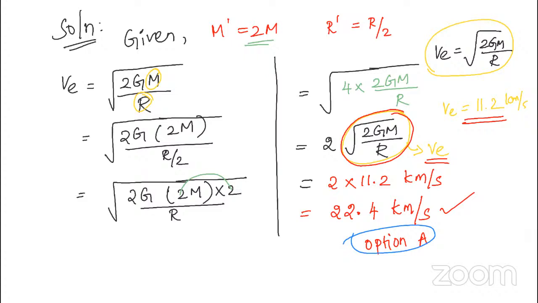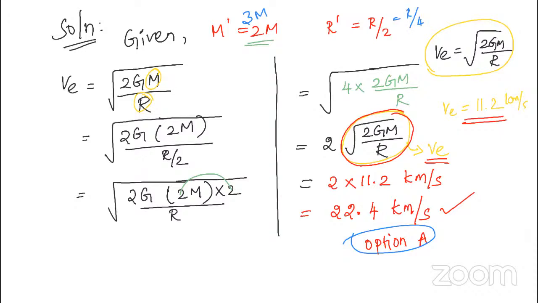Okay, in this same problem, they are asking about the mass value increased by twice. If they had said it is increased by thrice, we would put 3M. Or if it should be reduced by 1/4 times, we have to write r is equal to 1/4.